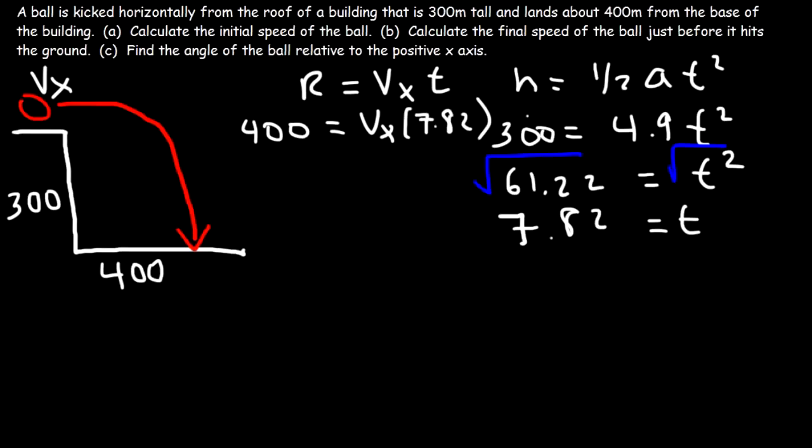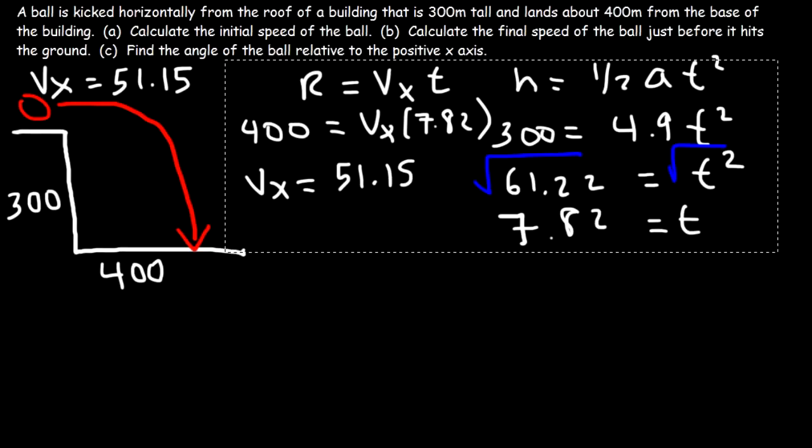So 400 divided by 7.82 will give us the initial speed, Vx, which is 51.15 meters per second. So now that we have that, we could focus on the rest of the problem.